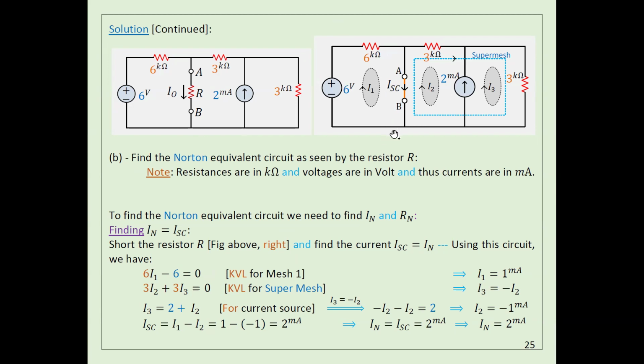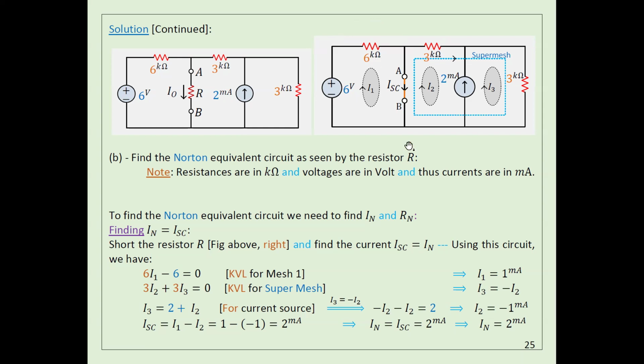You can see the voltage here is 0, and the voltage here is also 0. So 0 and 0. Can you calculate the current here? This is 0, this is 6. So the current here is actually 6 minus 0, divided by 6.